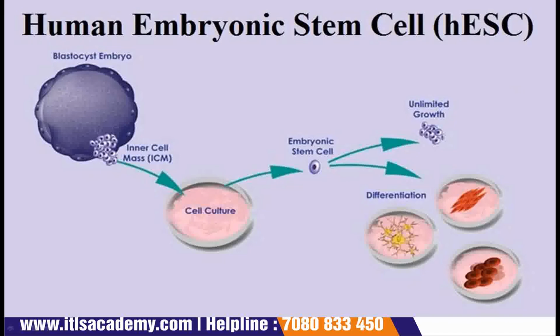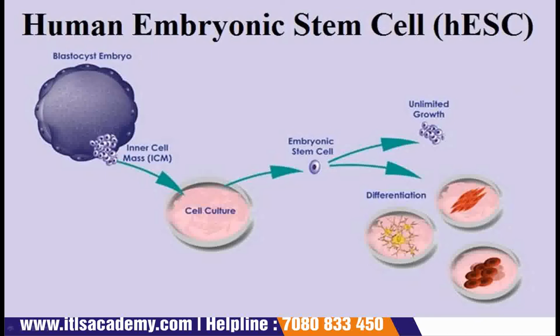Here you can see a detailed structure of a human embryonic stem cell. This is an embryonic stem cell. Let's see the formation of this particular cell. This is a blastocyst embryo. This is formed after the formation of zygote.